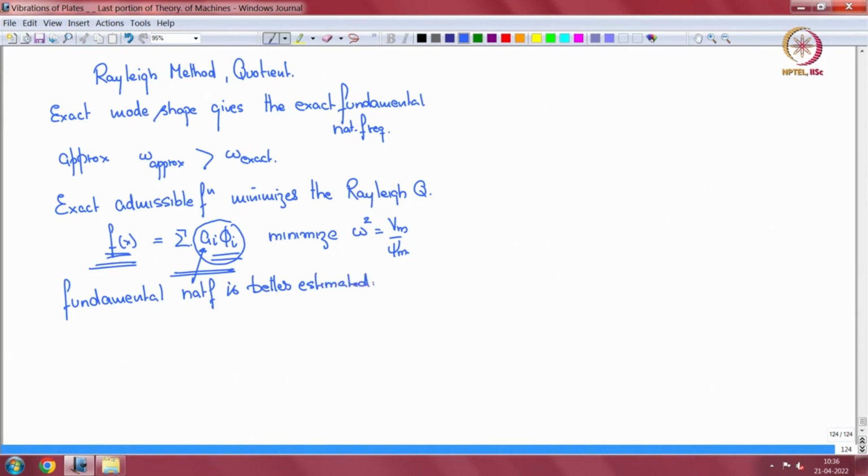However, it turns out that along the way, this method provides estimates for higher natural frequencies also.